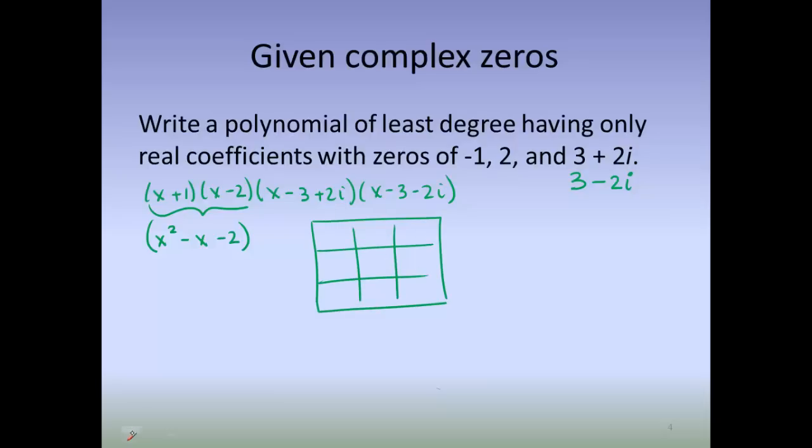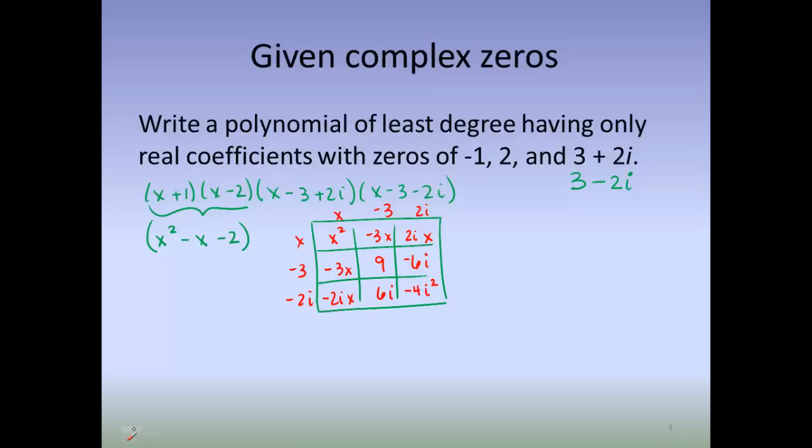So I'm going to change colors so we can see that clearly. I should have x minus 3, 2i, x minus 3, negative 2i, x squared minus 3x, 2ix, here negative 3x, positive 9, and negative 6i, negative 2ix, 6i, and negative 4i squared.